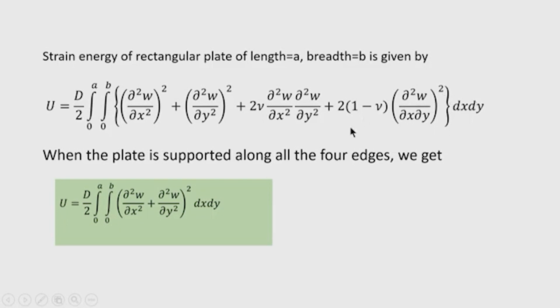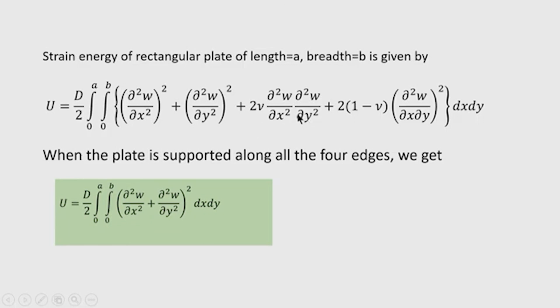Now, for the plate which has all the edges supported, we get a special result that this expression becomes simplified. How does it become so? Because we can now write this expression in a different way by adding a term 2 del square w by del x square into del square w by del y square and subtracting a term 2 del square w by del x square into del square w by del y square.